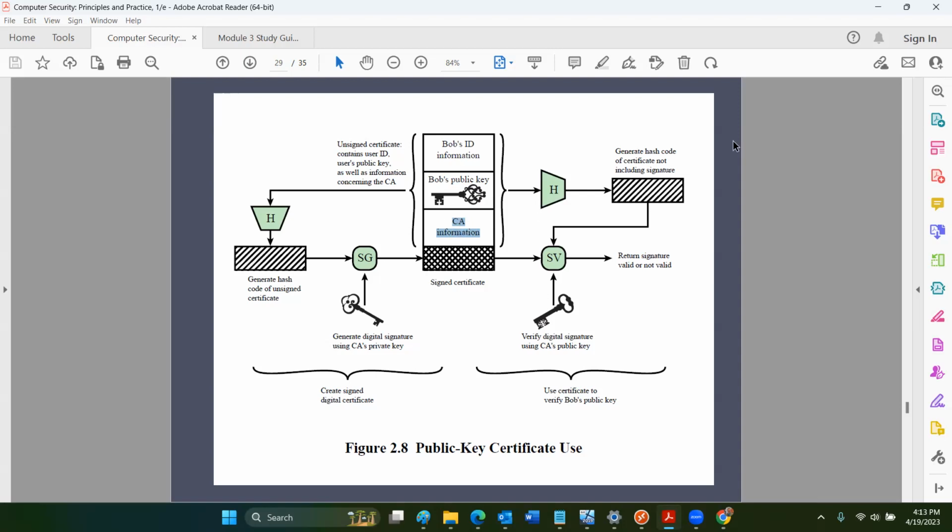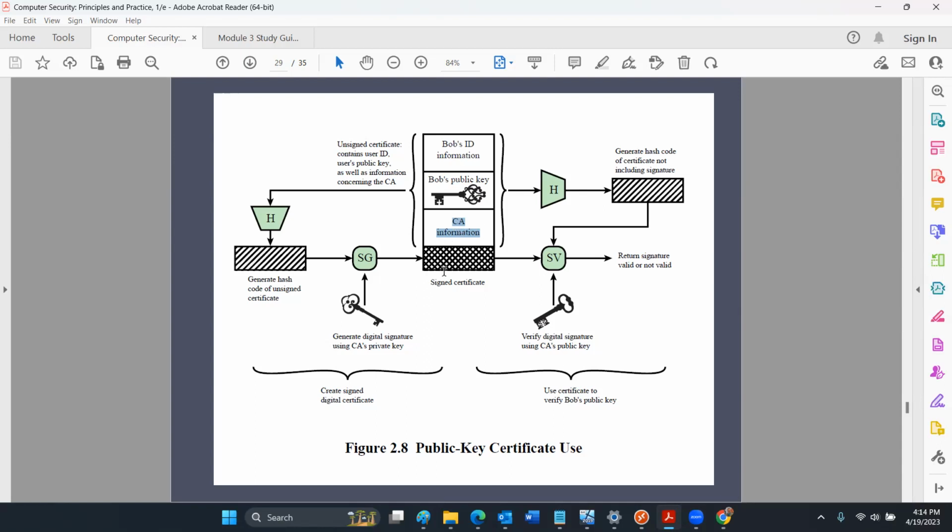The only problem is if you send that certificate out to somebody, they're going to go, I don't know who XYZ such and such is, right? So that's the whole benefit of having public key infrastructure. There's a trust relationship that's established that signs that certificate with Bob's public key.